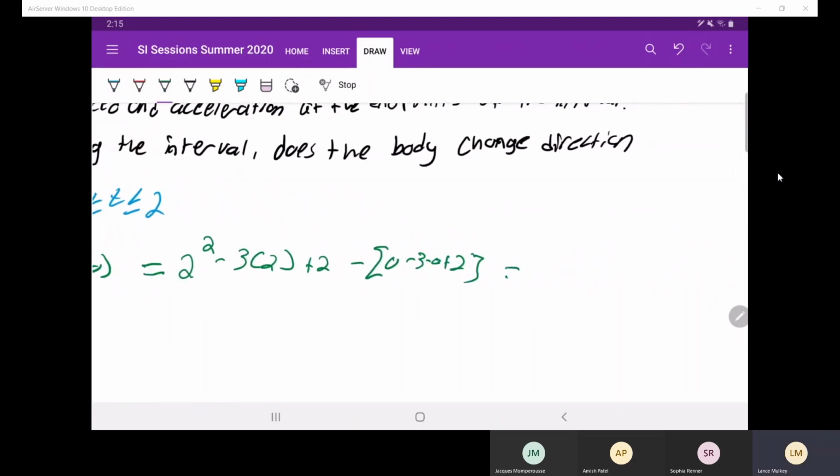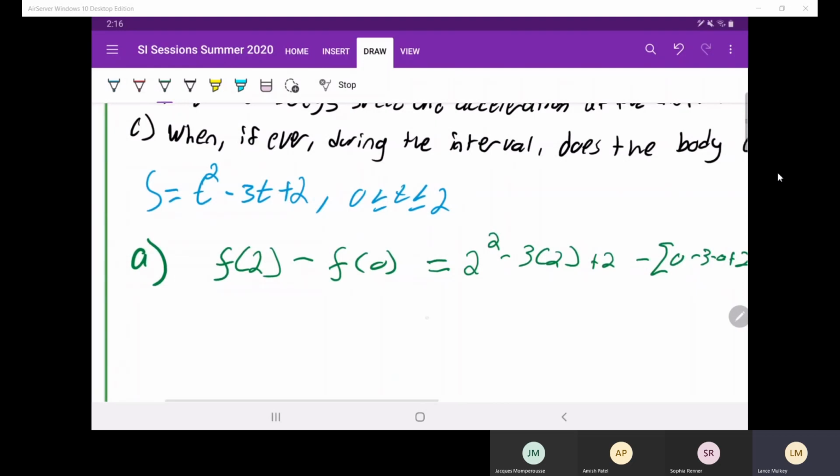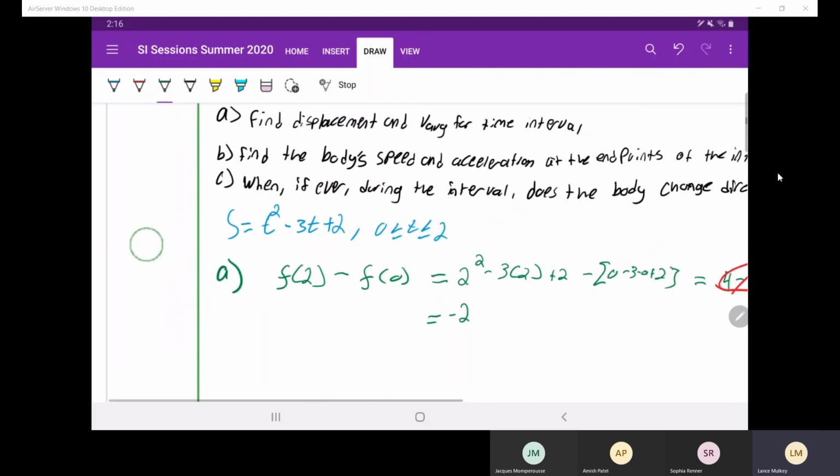Which equals 4 minus 6 plus 2 minus 2, because when you distribute the negative sign, all this right here equals 0. So this equals negative 2. That's the displacement. Everybody follow along?